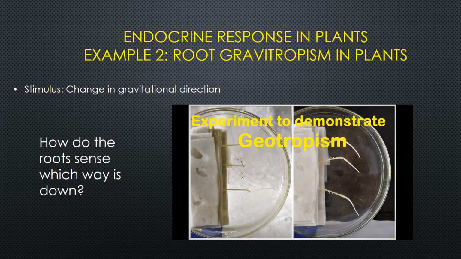As we see these little plants here, they have been growing straight down, and then we turned them 90 degrees. So now down is in a different direction. So how do the roots sense that in order to have a response so that they can start growing downward in the direction of gravity?